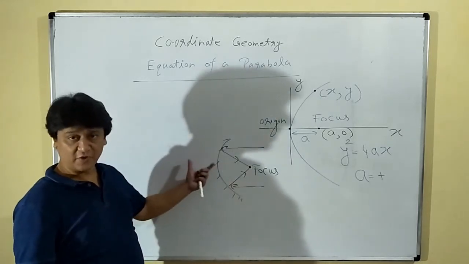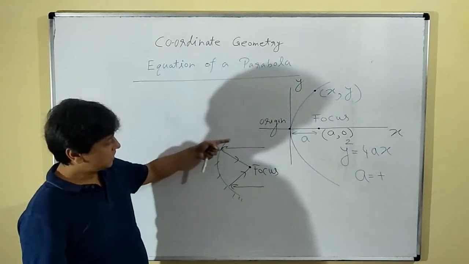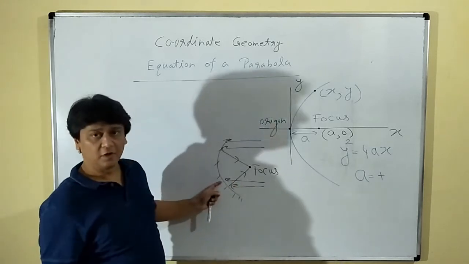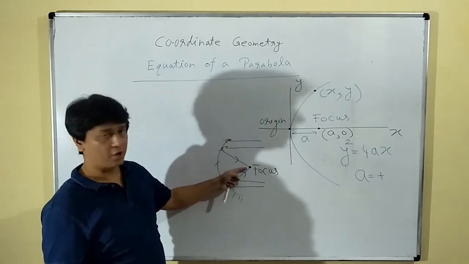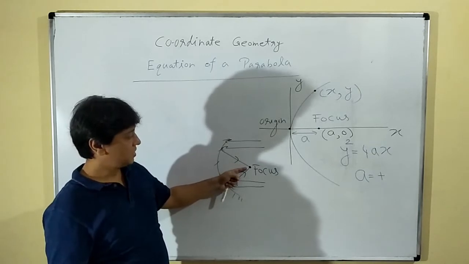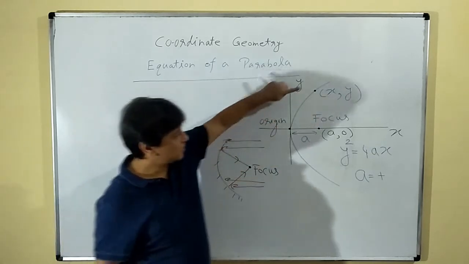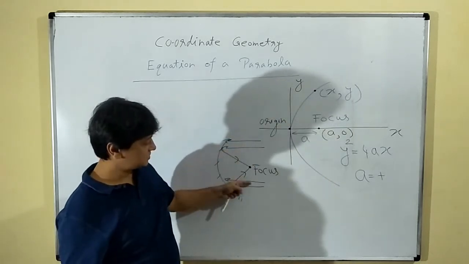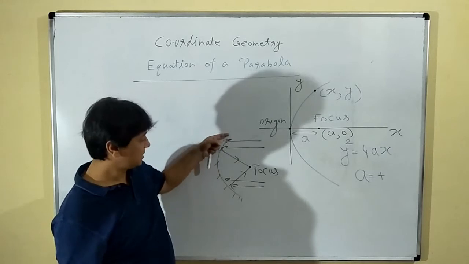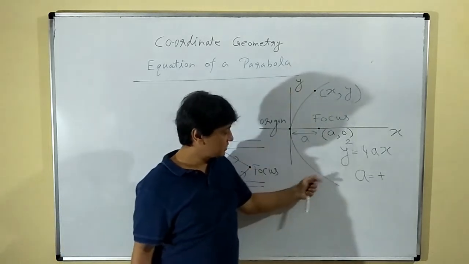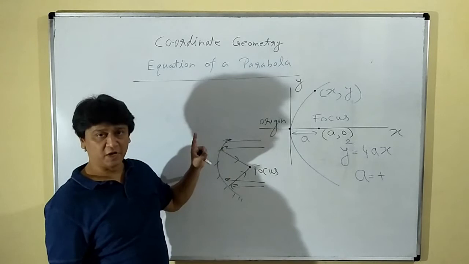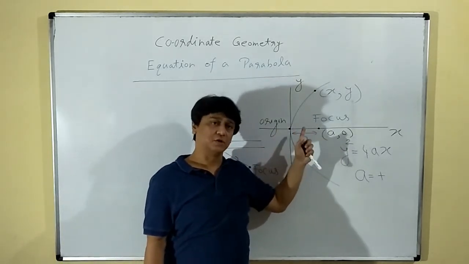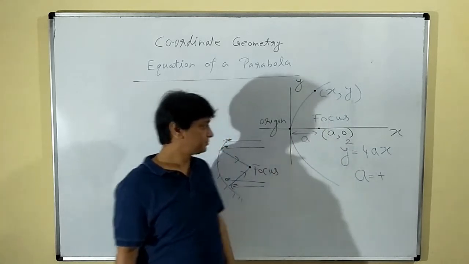Now, in case of a spherical mirror, if you take all the parallel rays, they never meet at a single point. But if you take a parabolic shape, then all the rays which are parallel and hitting the parabolic surface like this, they always meet at a single point, and that single point is called what? Focus. Right here.